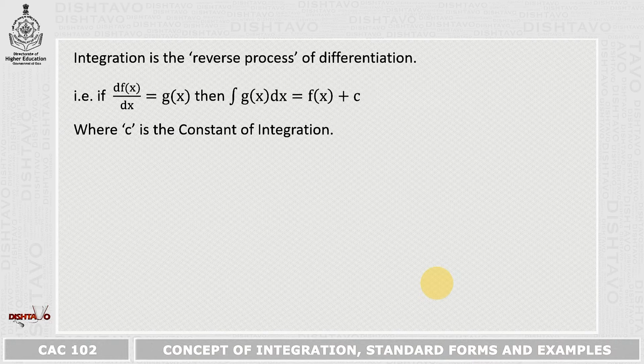That is, if d by dx of the first function f of x is equal to g of x, that is the second function, then the integral of g of x is equal to f of x plus c, where c is the constant of integration. We add this c to avoid any discrepancies in the solution.